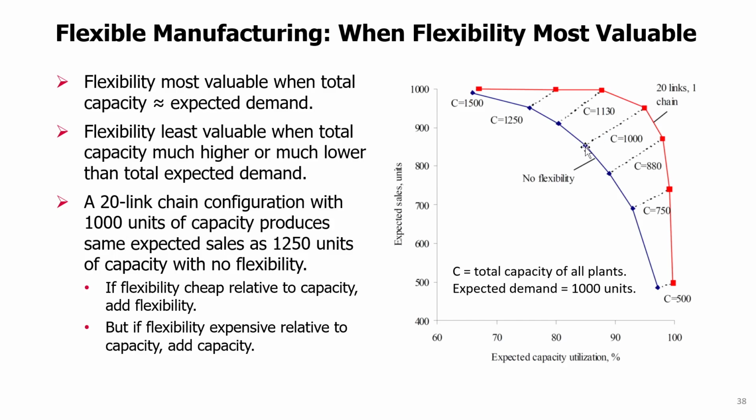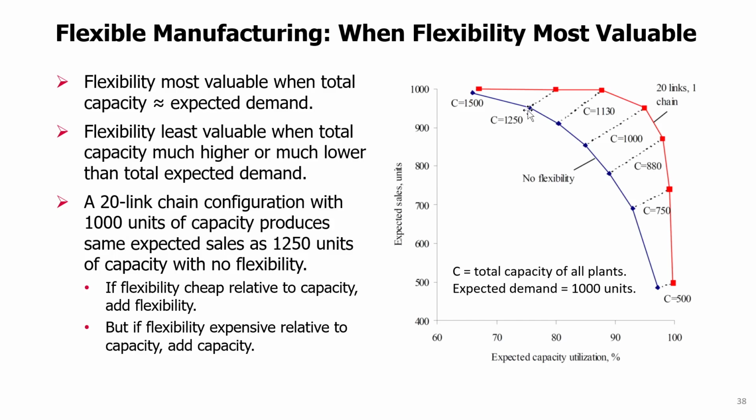So from this perspective, if you are at this point with capacity 1,000, if it's cheap to add flexibility, you can increase your sales to this level of about 950. But if it's cheaper to add capacity instead of flexibility, then it's better to move to this point. And here we have no flexibility.